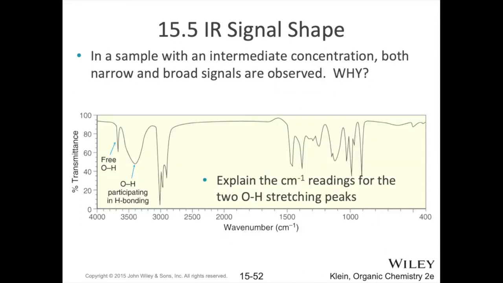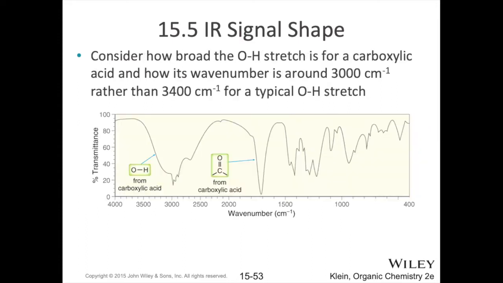So here's an example of that. While you normally would have this very broad OH peak here, if you have a sample of an alcohol that doesn't have hydrogen bonding mixed in there, or you've limited the amount of hydrogen bonding, you'll see this narrow peak from your OH groups that aren't engaging in hydrogen bonding.